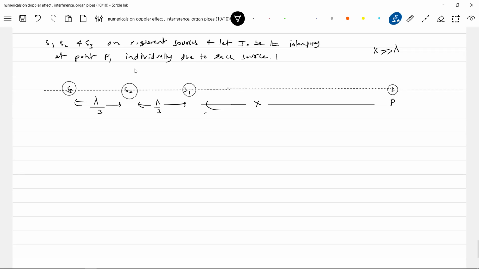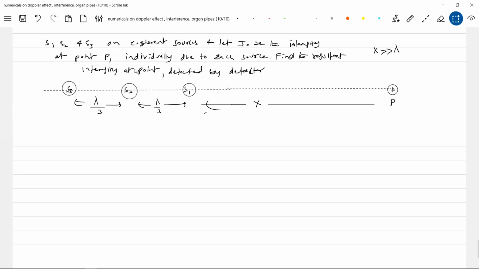Find the resultant intensity at point P. The detector is far away from the source here. Find the resultant intensity at point P detected by the detector. Okay, there's a very good question.